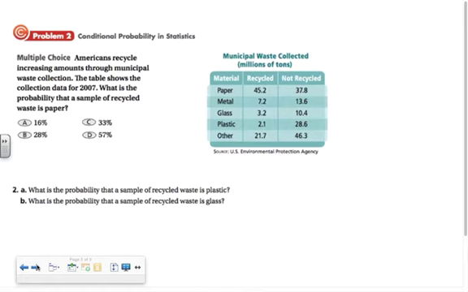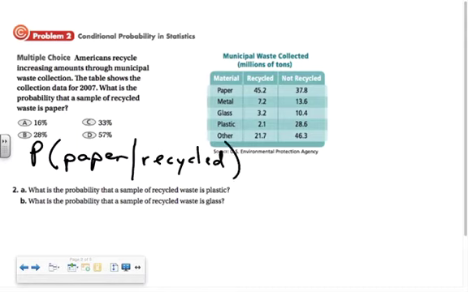So, what is the probability of the sample of recycled waste? So we are given that we're looking at recycled waste. We're trying to find the probability that that waste will be paper. So what we're trying to find is P of paper given that it is recycled. So we start with the recycled column, and that's our denominator.